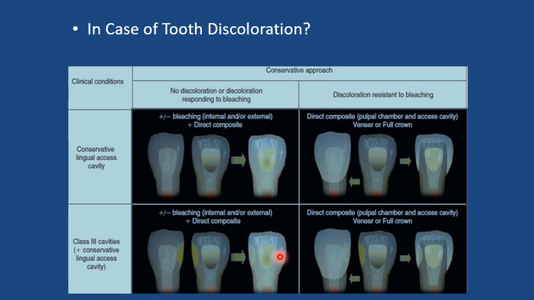In some cases, we have discolored teeth, so the bleaching should be preceded the final restoration. Where in case when the discoloration persists or bleaching resistance, we have to consider veneering for the tooth as a or in addition to the restoration of the access and the cavities.